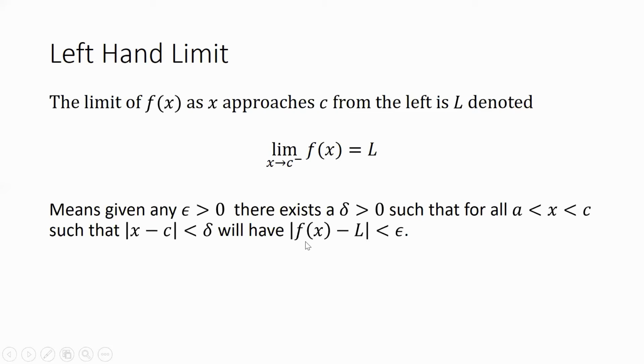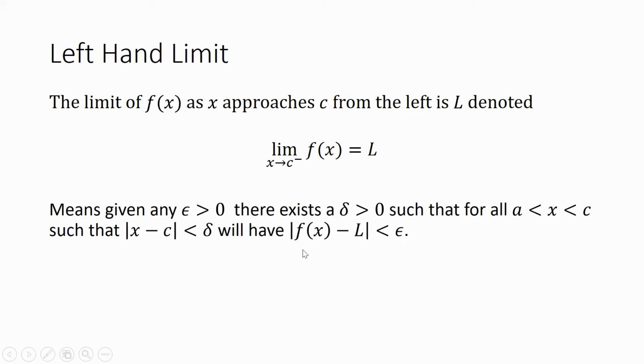Now, you can do an epsilon-delta version of the left-hand limit as well. To be technical, this limit means that given any epsilon greater than 0, there exists a delta greater than 0, such that for all x between a and c, such that x minus c is less than delta, we have absolute value of f of x minus L less than epsilon.